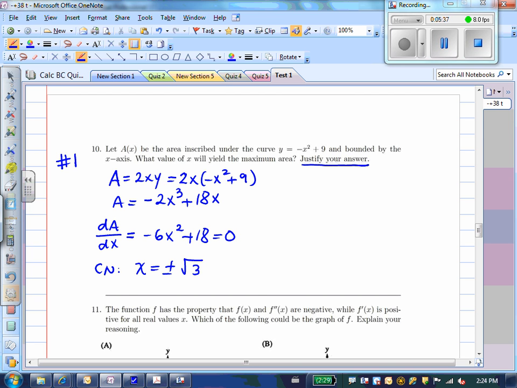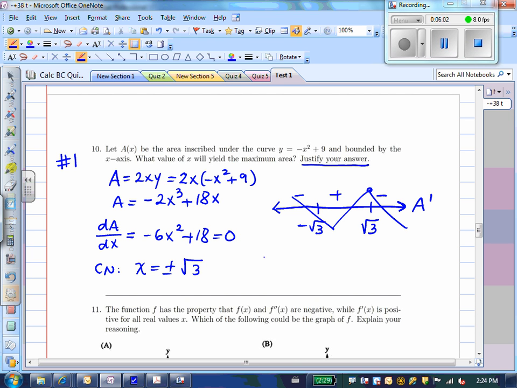Either people had no justification, or they said, well, it has to be positive √3 because you can't have a negative side. When the AP test asks you to justify your answer, they're asking for a very simple thing. A sign chart: label it negative √3 to positive √3. I believe it's going to go minus, plus, minus, so the sign chart goes downhill, uphill, downhill.